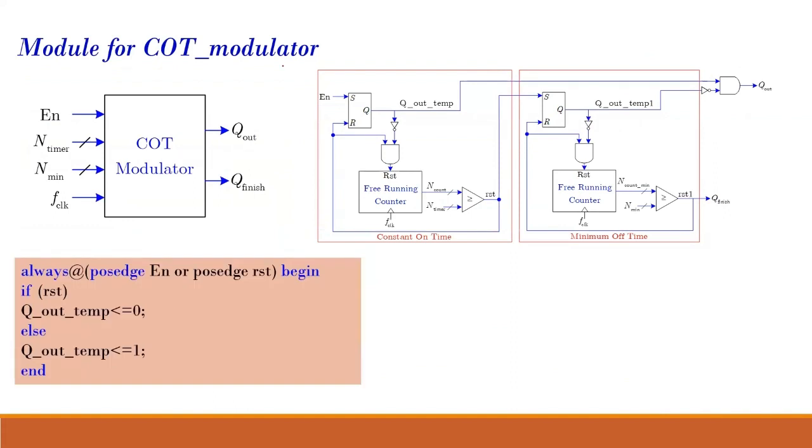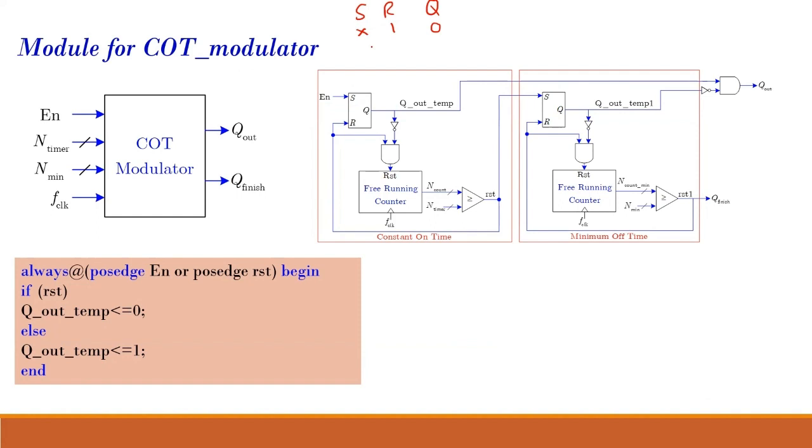Now there's an enable. This is an SR latch. You guys know the SR latch, how does it work? The truth table of the SR latch: if reset is 1, and we will consider it as a reset dominant latch, then even if S is 0 or 1, your output Q will be 0.